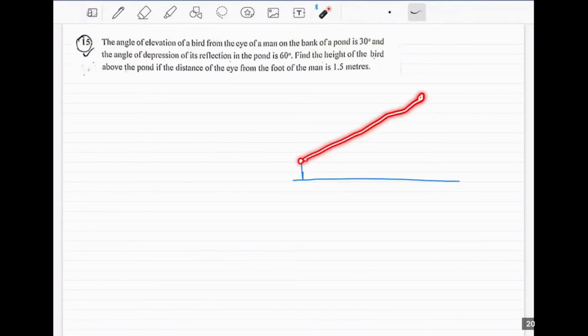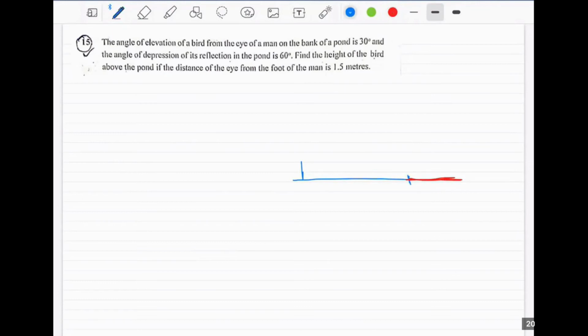He is sitting somewhere on the bank of a pond. So if there is a bank pond, the bird must be sitting at some taller place. So let's say from this part, let me just rub it off. So, this part right here, let's say the pond starts right here. This red portion is the pond. Okay, I'm just drawing the surface.